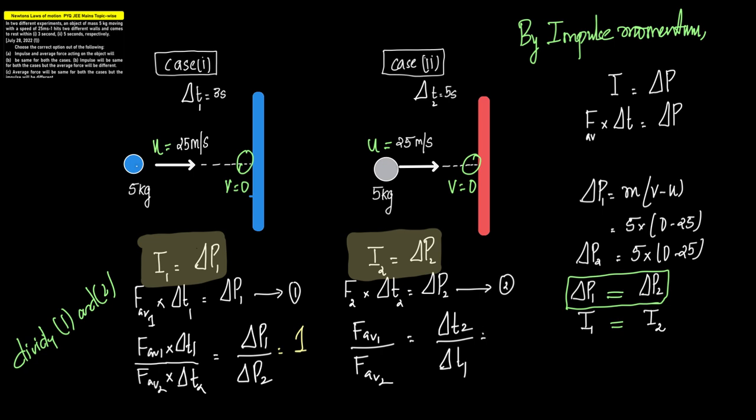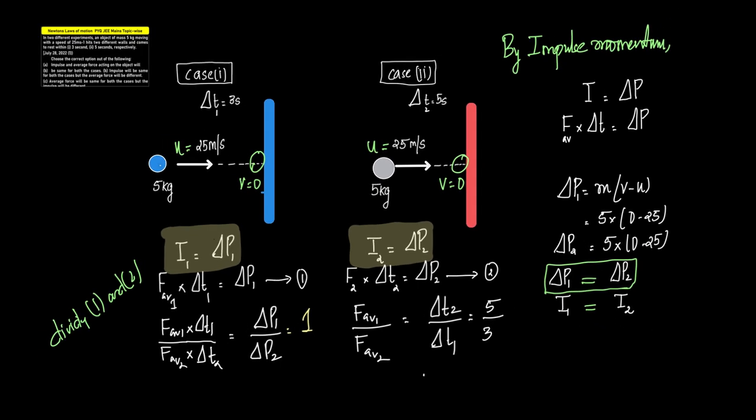What is delta T2? Given in the question, delta T2 is 5 seconds and delta T1 is 3 seconds, so this is 5 upon 3. So we can say that force average 1 is force average 2 into 5 by 3. 5 by 3 is about 1.6.